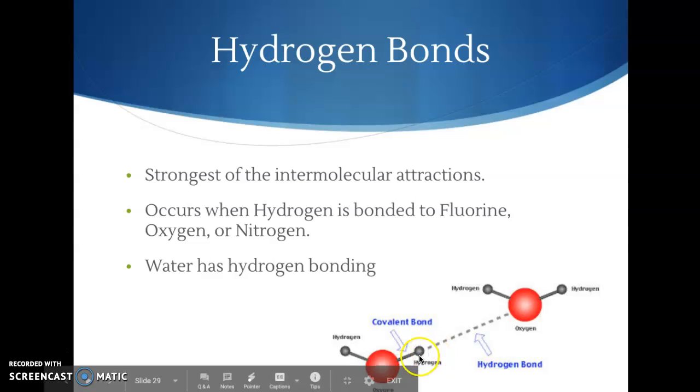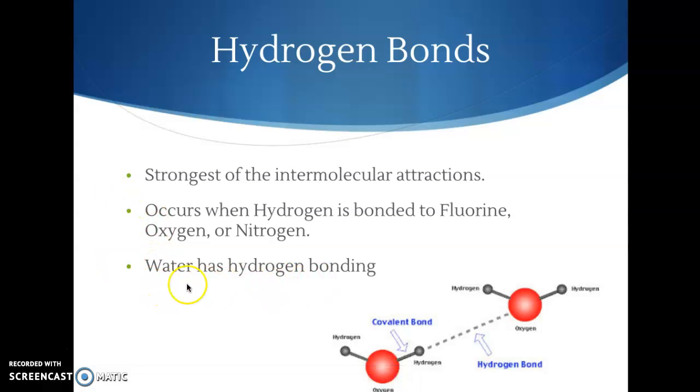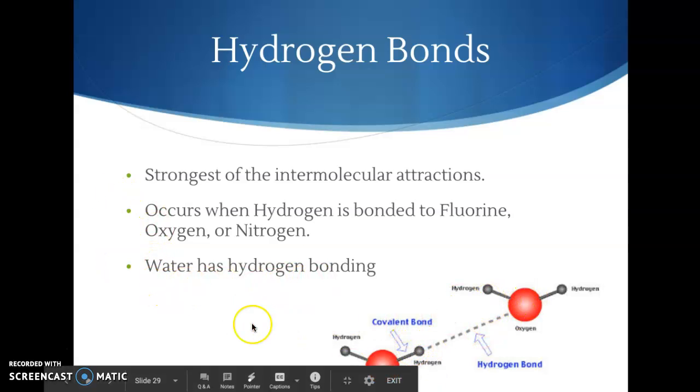It's between the hydrogen of one water molecule and the oxygen of a different one. The oxygen is the negative end of one molecule, and the hydrogen is the positive end of the other water molecule. So they're attracted to each other because they have opposite charges, and that's called a hydrogen bond. Okay? All right, so water is the best example of that. Make sure you have this diagram right there.